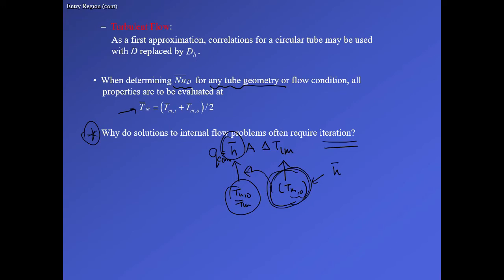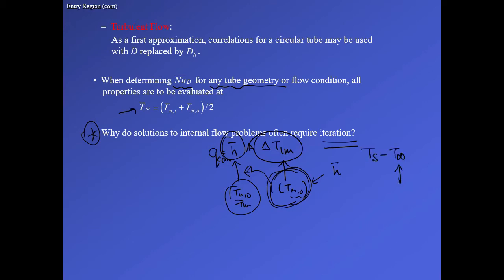So one has to perform a few iterations until they converge. This was not the case for external flows because there was no log mean temperature difference. Delta T was simply T surface minus T infinity.